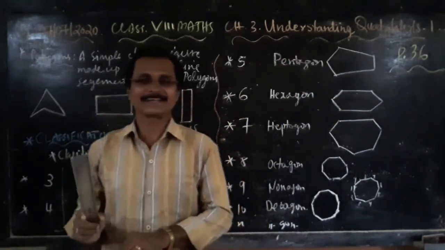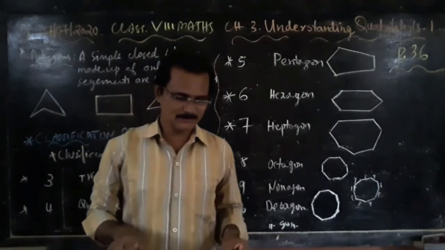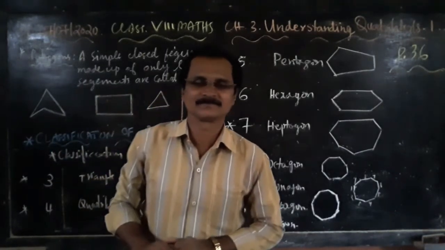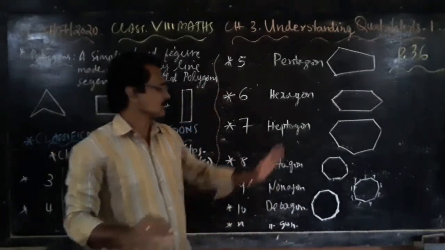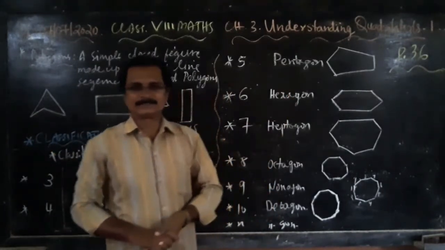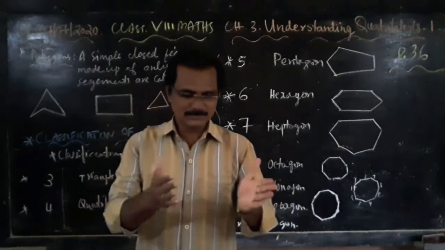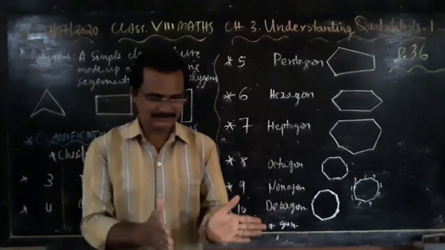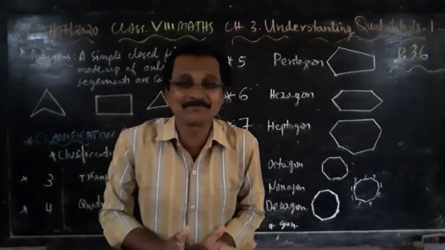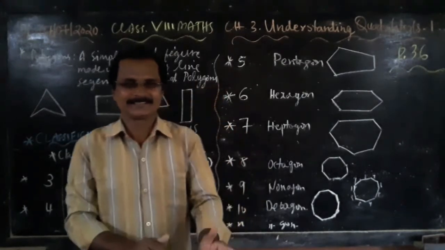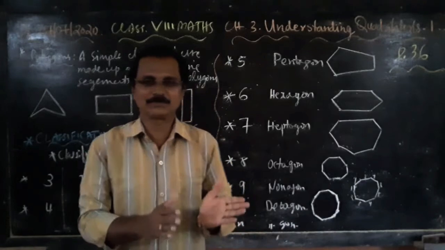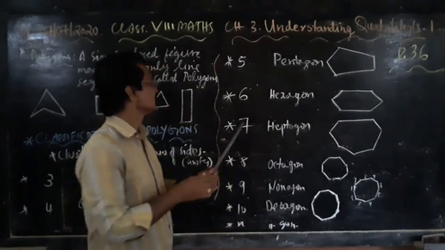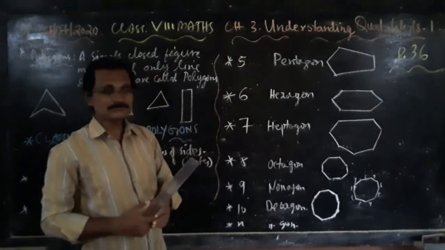And this classification, a beautiful picture, beautiful classification table, is given on page number 38. If it is not clear from the board, you can open your textbook, page number 38. Look at that beautiful pink colored table, everything is there. 5 sides, it is called a pentagon.